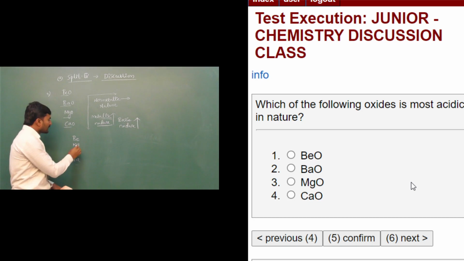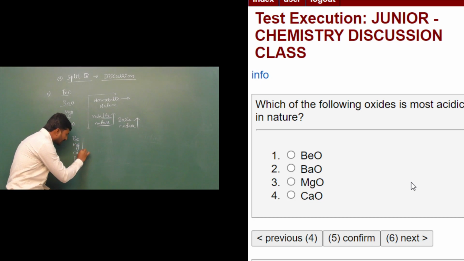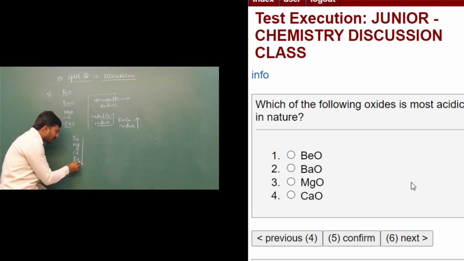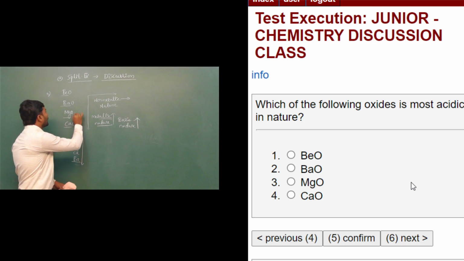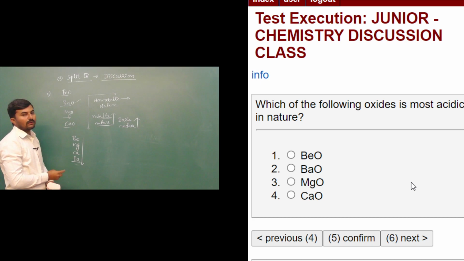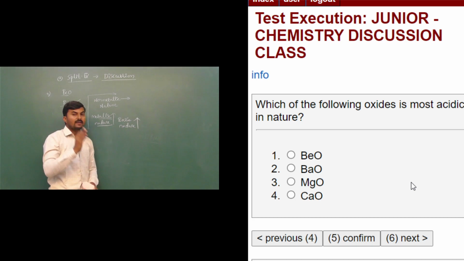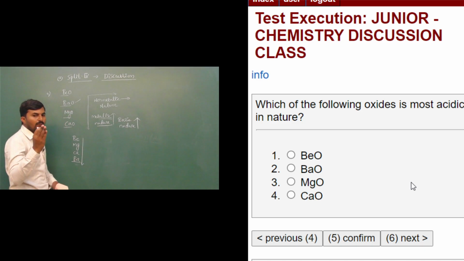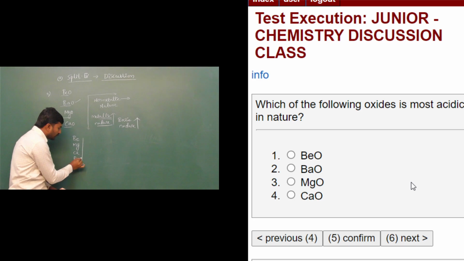Okay, then what happens when we compare the basic strengths of these elements? Here, BaO, barium oxide, has more basic nature. But we need which one is more acidic in nature. As we move down the group, the basic character increases. That means calcium is less basic than barium, followed by magnesium being less basic than calcium.